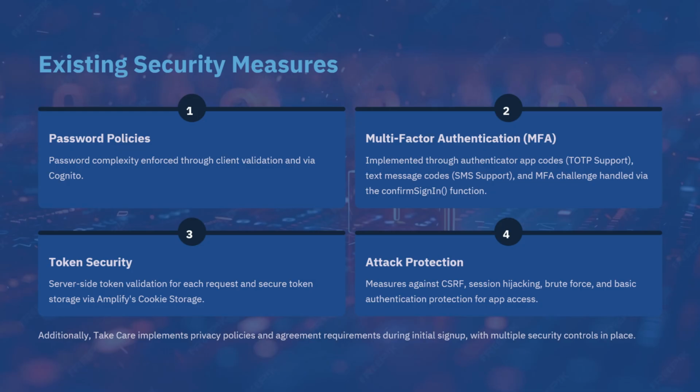Lastly, they've implemented attack protections against common threats like CSRF, session hijacking, brute force attempts, and basic authentication for certain environments. These measures provide a good starting point, but our testing showed they need to be complemented with more advanced monitoring, regular audits, and integrated secure development lifecycle practices to address emerging threats.